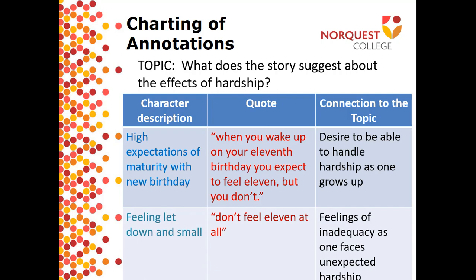And in the next quote, "Don't feel 11 at all," she's showing that she feels inadequate to the task of handling hardship. So we've started the idea, and now as we progress through the story, we could keep on adding to this little chart here and have a really good understanding of what we would be doing when we began our composition.